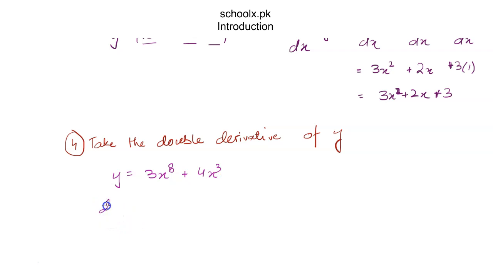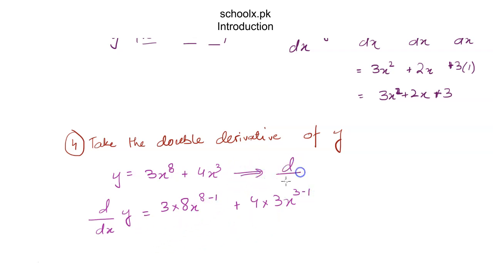When I apply d by dx for the first time, this is the single derivative. This will give me 3 times 8 x to the power 8 minus 1 plus 4 times 3 x to the power 3 minus 1.